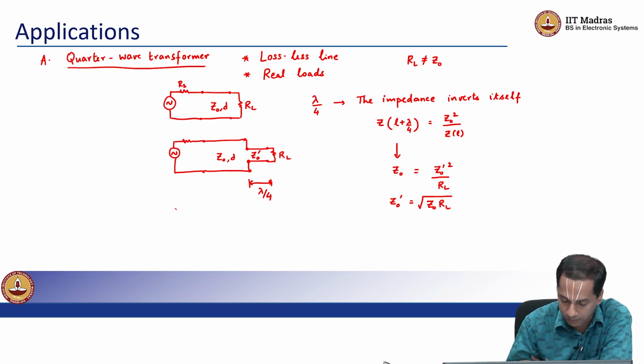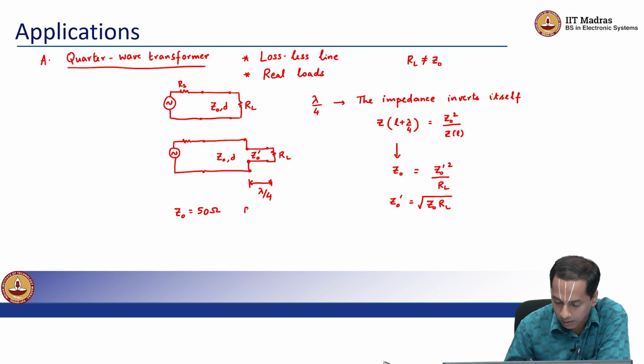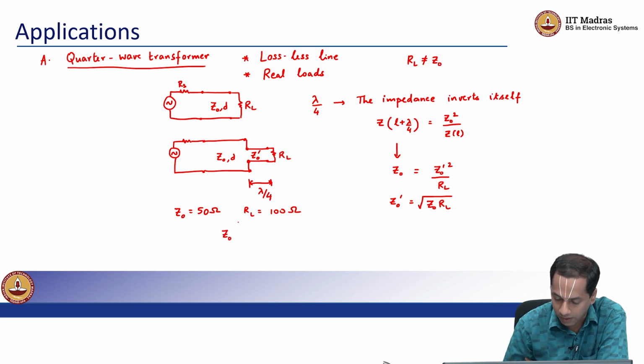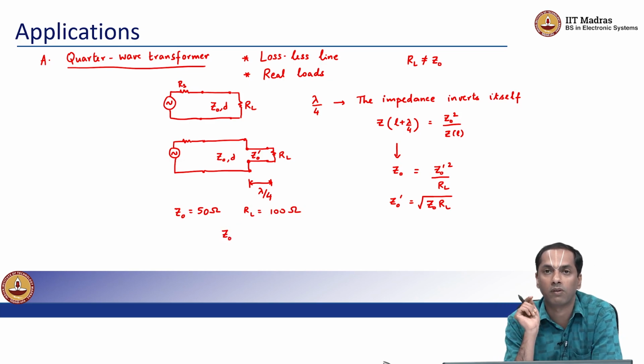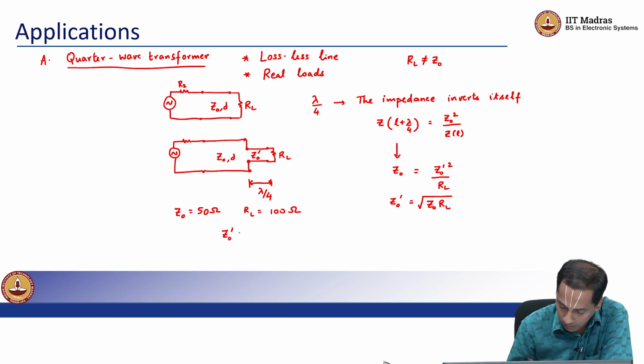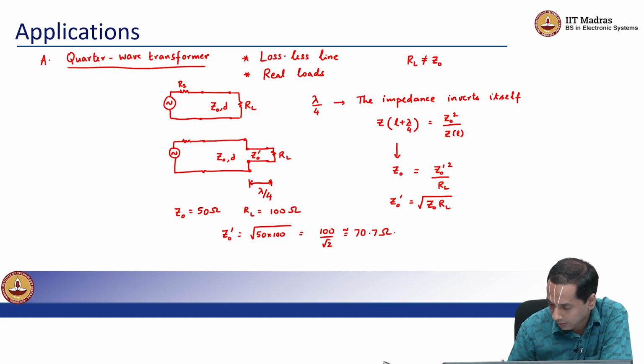So for example, if say Z0 is 50 ohms, this is very typical, and then your RL was 100 ohms, if I were to insert a quarter wavelength, electrical length of 1/4 wavelength, of an impedance which is the geometric mean of these two, this is essentially 100 by root 2 roughly, okay.